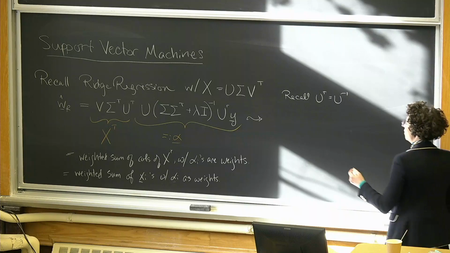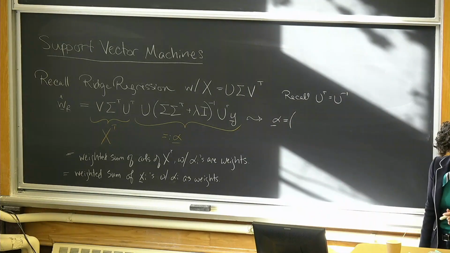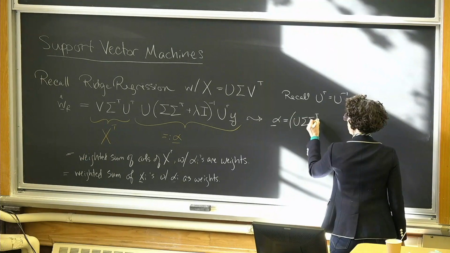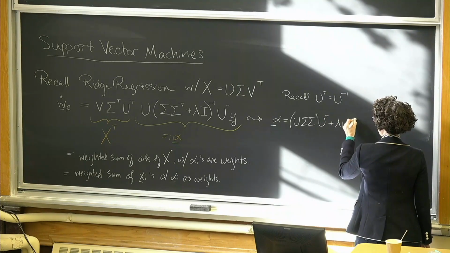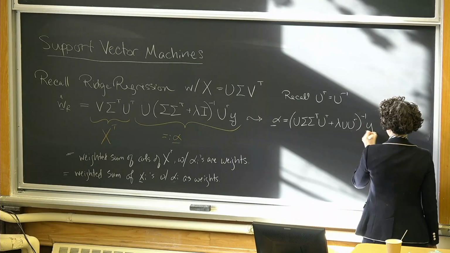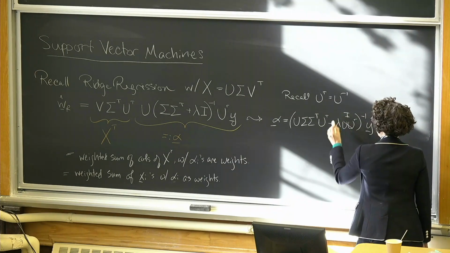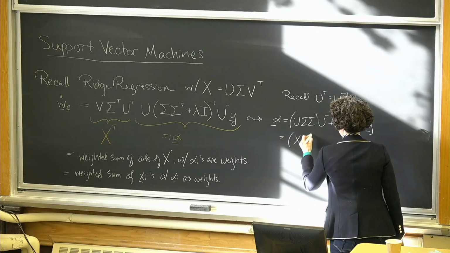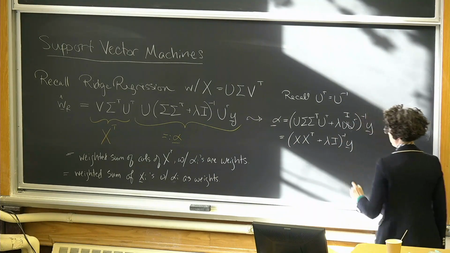And I can write alpha now as being equal to U sigma, sigma transpose, U transpose, plus lambda U transpose, inverse, times Y. And this is useful because now I can think about this in terms of X. I can write this as X X transpose plus lambda identity inverse times Y.